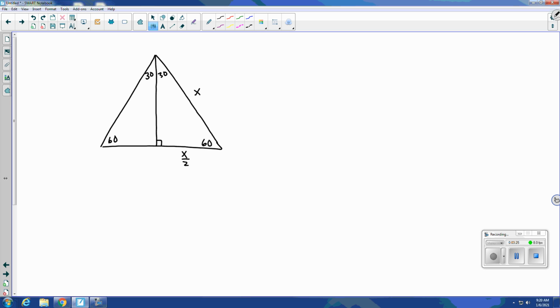Now, how do I get the length of the altitude? Well, I can perform the Pythagorean theorem. I'm going to take x over 2 squared, and we're looking for the length of the altitude, so let's call that b squared, and we have x squared for the hypotenuse. Make sure you set this up correctly. We'll square x over 2, so we get x squared over 4 plus b squared equals x squared.